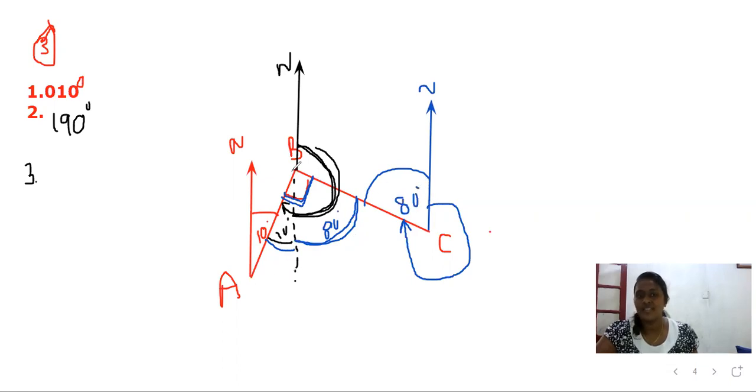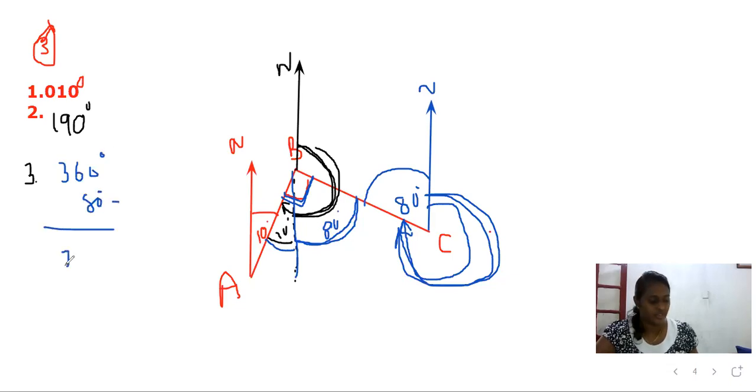What's the relationship? Alternate angles, this way. See, this is a Z, right? Then how much is C? How to find it? By 360. 360 minus 80, so the answer is 280. 280 degrees.